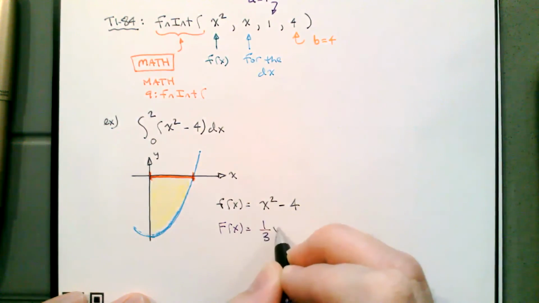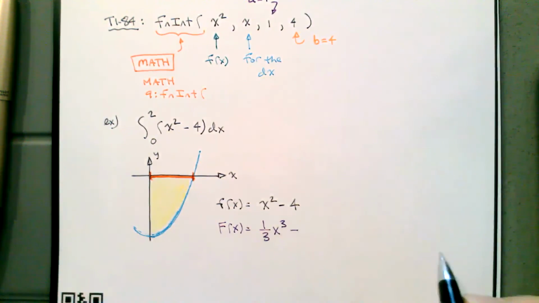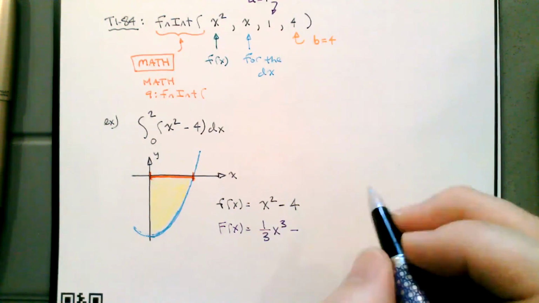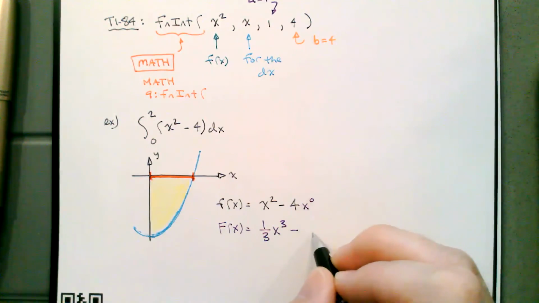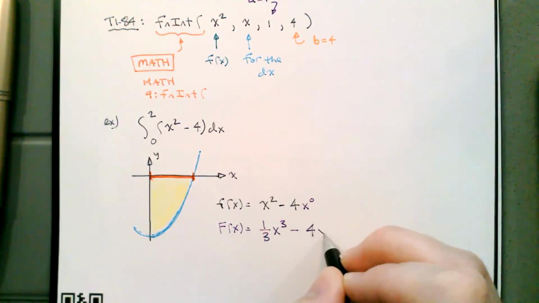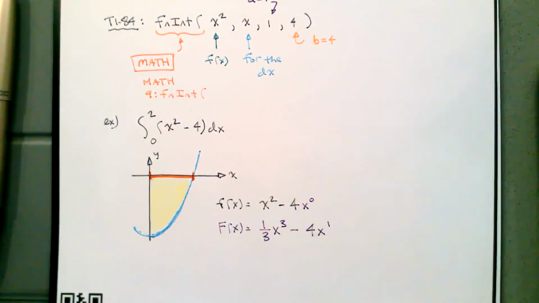It's 1/3 x cubed. If we think about 4 as being 4x to the 0 power, we can add 1 to the exponents and divide by the new exponent. So our antiderivative is 1/3 x cubed minus 4x. And then we'll evaluate that function from 0 to 2.